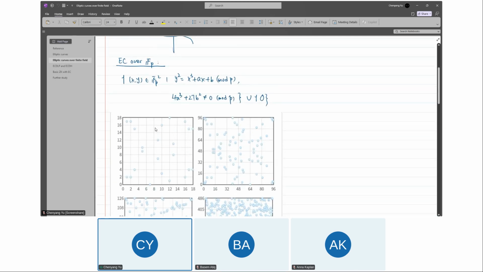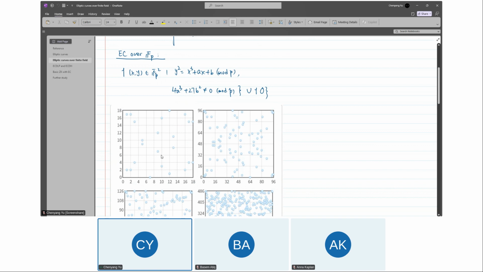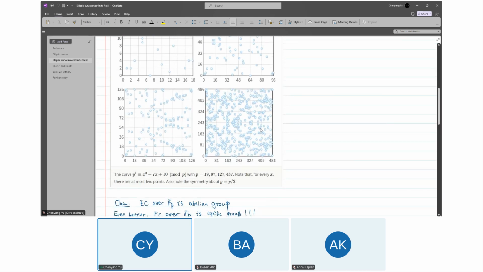The good thing is that over R, there is symmetry over the x-axis, and actually over a finite field you have the same property. You can see the symmetry here, in these points. We're not going to prove it, but you can play around with it. The reflection line is here, so you have symmetry. It's the same for this one, but harder to see.